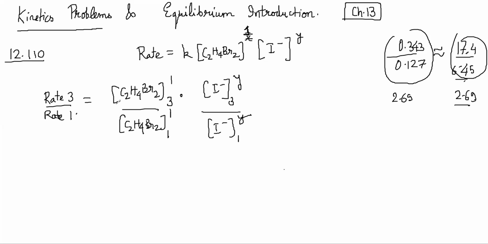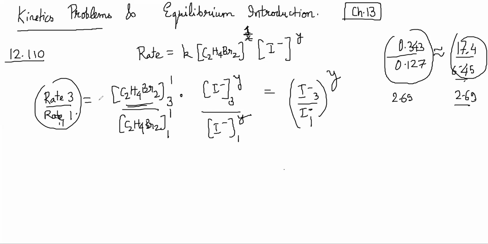So these are now just numbers, you know the values. Basically you can find this ratio, I minus 3 by I minus 1, to the y power, is equal to this into this by this, right? It is calculation intensive, but you can find it.